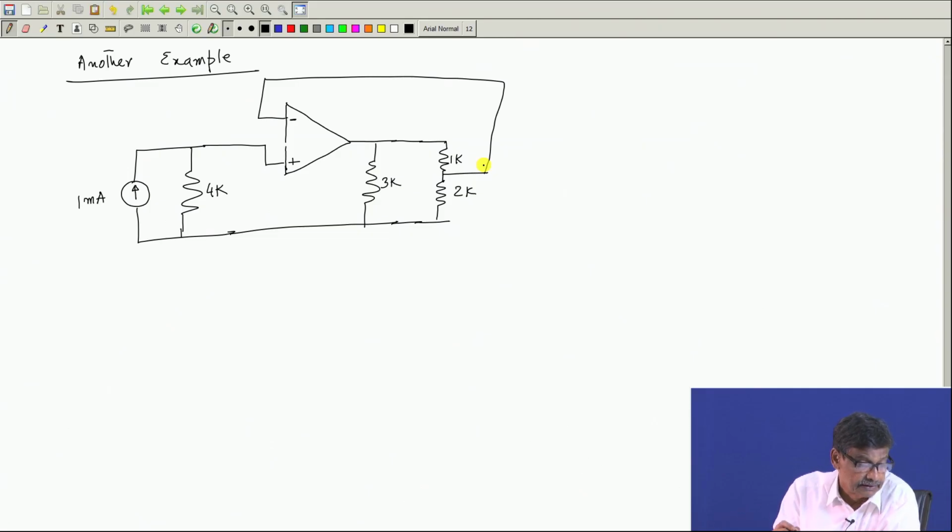This is the circuit. What you have to calculate is the output voltage V naught.